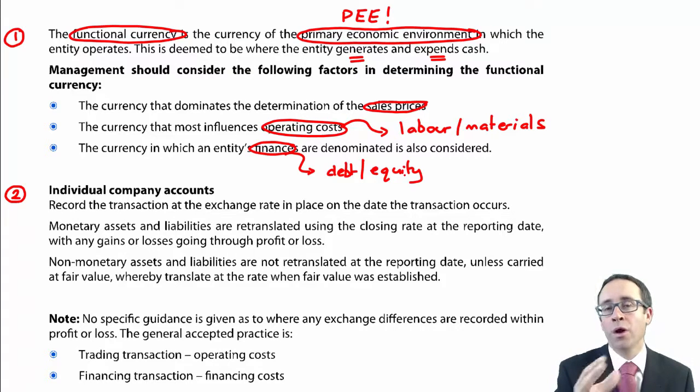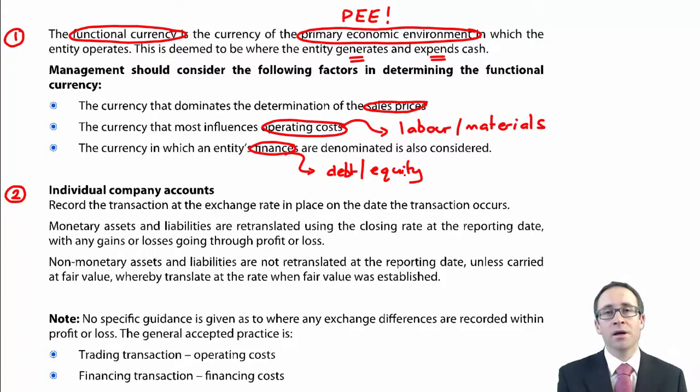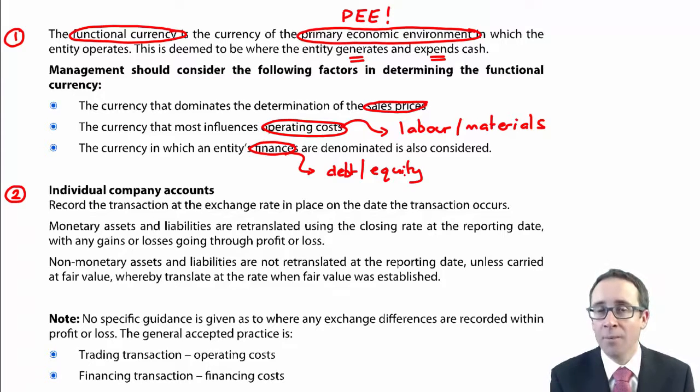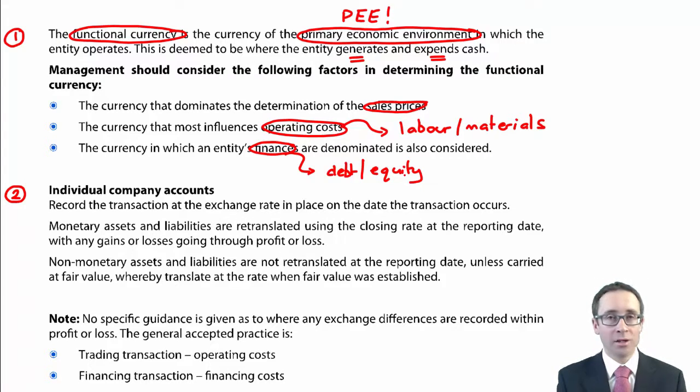You may pay your local staff in the local currency, but the majority of your sales and the majority of your operating costs are in dollars. So even though you're based in a country that doesn't have the dollar as the local currency, you will choose the functional currency as being the dollar. I say choose, it's more likely it's determined by the standard to be the dollar.